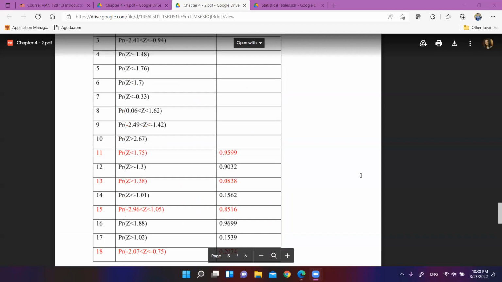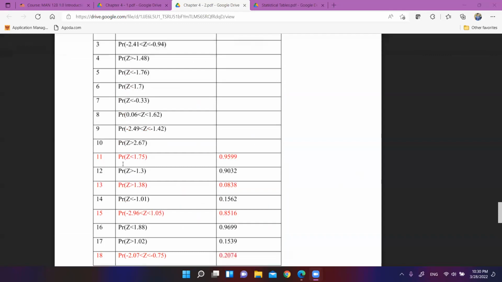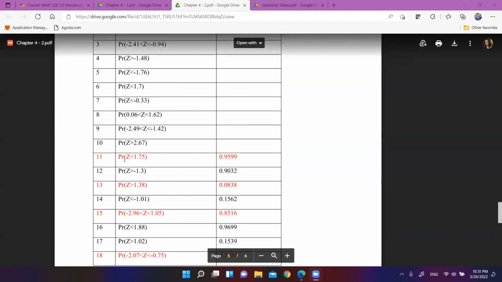Right? අපි මේක මේ වගේ එකක් ගමු. Probability of less than 1.75. උත්තරේ දීලා තියෙනවානේ. අපි fresh පිට මේක හදලා පටන් ගමු. Right? Probability of less than 1.75.